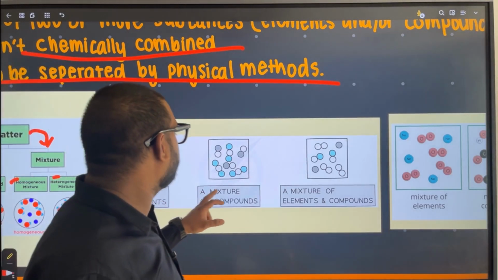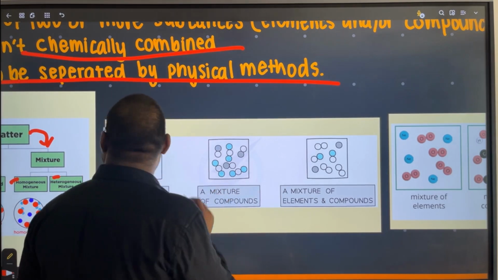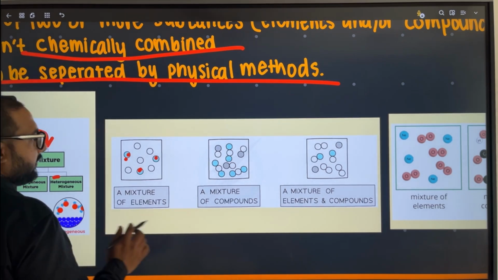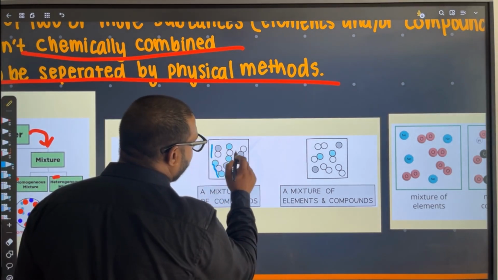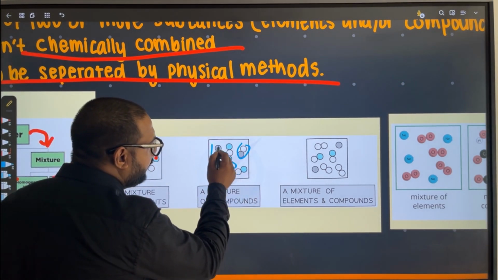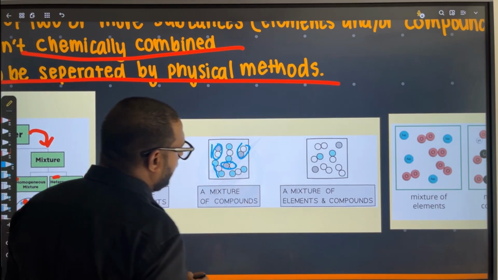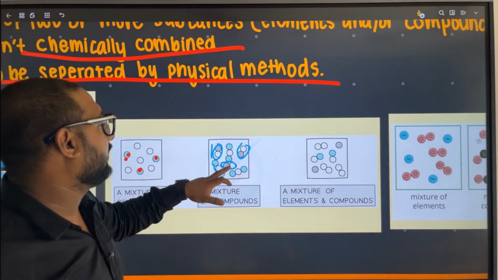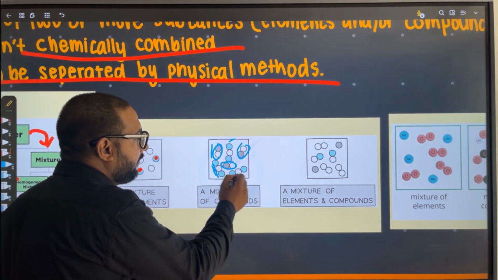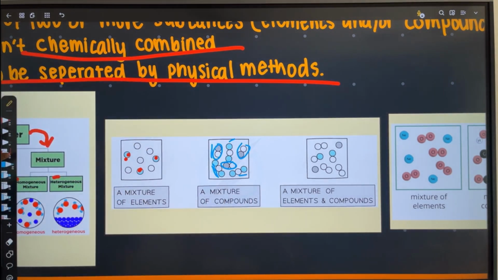Then you have a mixture of compounds. See, these are compounds. This is a different compound, this is a different compound, this is a different compound. The ones which have two atoms or two elements, that is one compound, and these are different compounds.